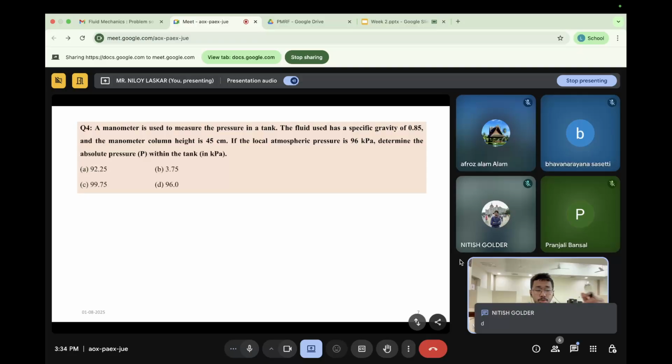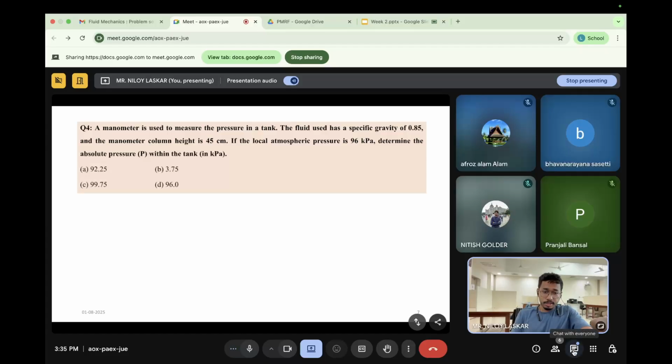So Nitish has answered it is option B. Option D. Are you sure, Mr. Nitish?